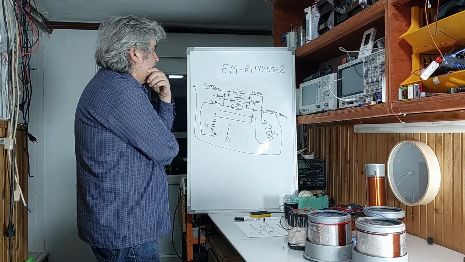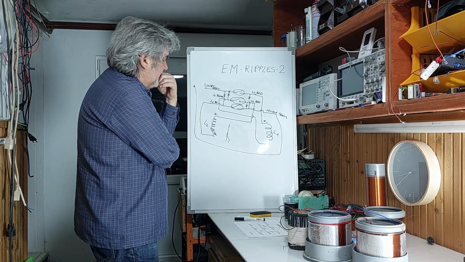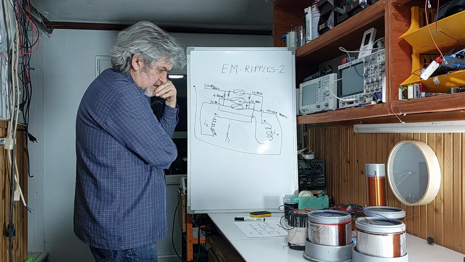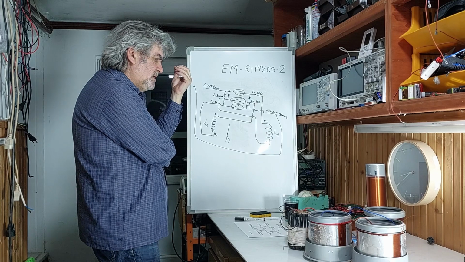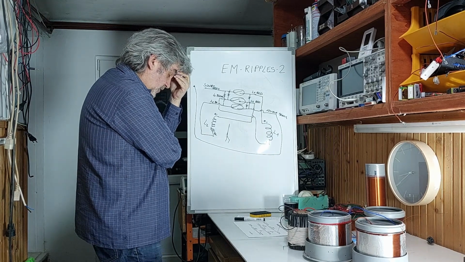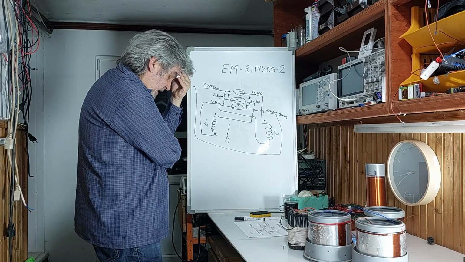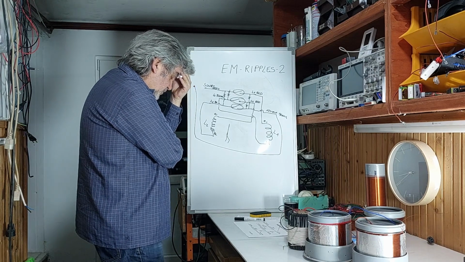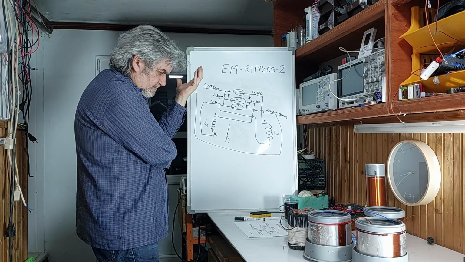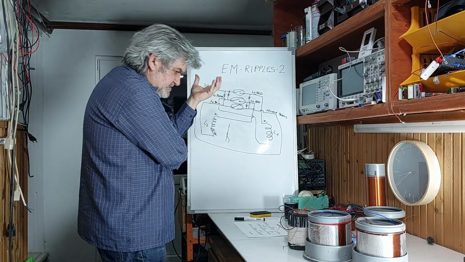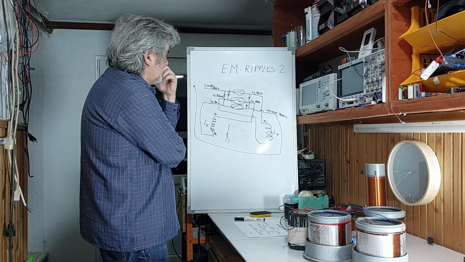And Tom Bearden published his theory that we need to increase the impedance of the circuit and make almost no current, and then that will be the way to harness that reaction, reflection, that negative energy.